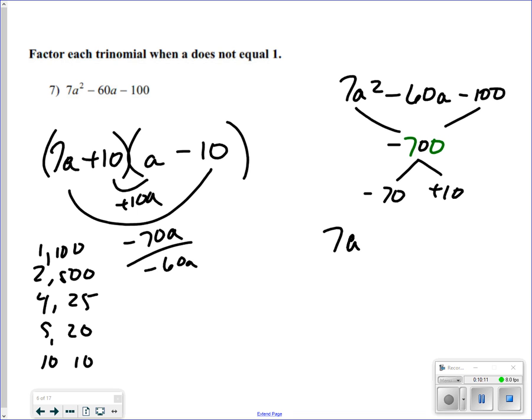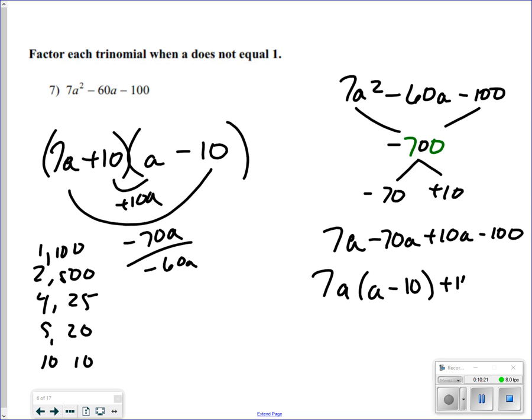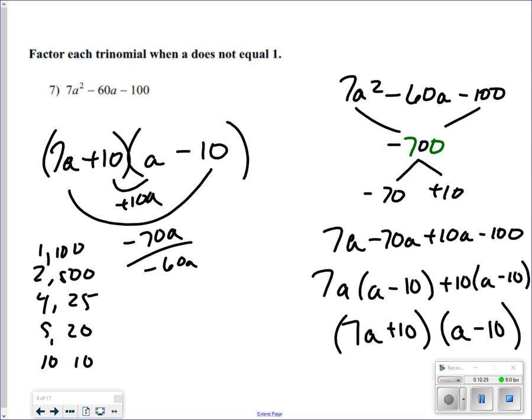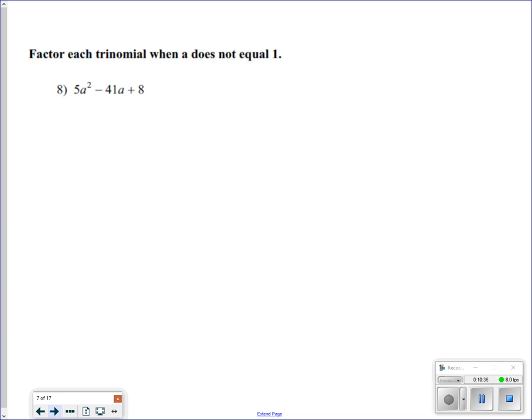So 7a minus 70a plus 10a minus 100. So rewriting the question, take the GCF of the first two, the GCF of the second two, group the GCFs, and write what's the same. So again, two different methods getting you the same answer.